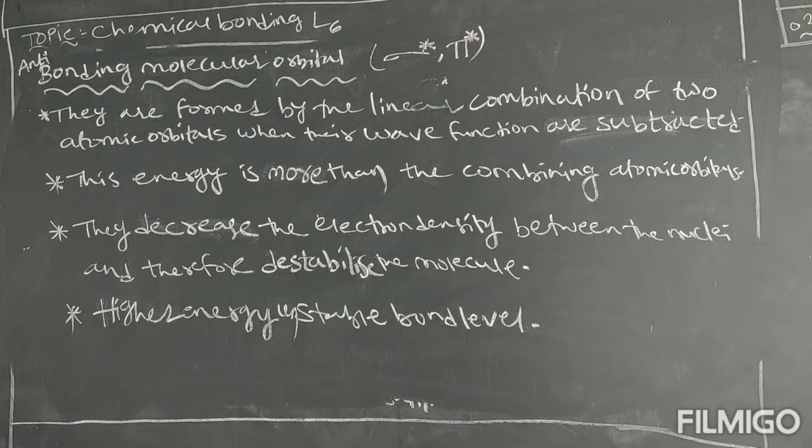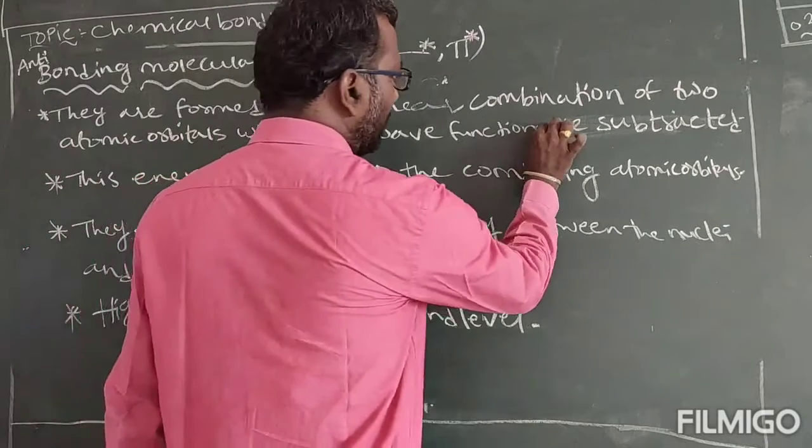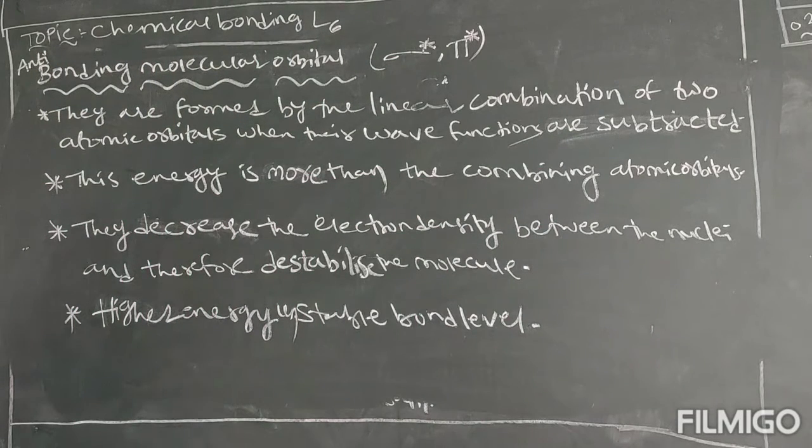Anti-bonding molecular orbital, sigma star and pi star. They are formed by the linear combination of two atomic orbitals when their wave functions are subtracted. And this energy is more than the combining atomic orbitals. They decrease the electron density between the nuclei and therefore destabilize the molecule.